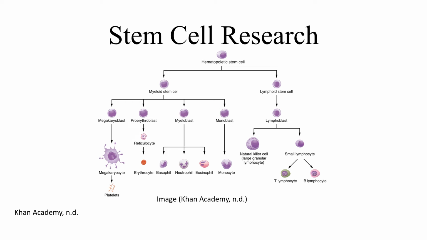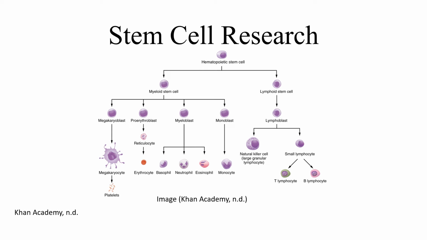And then the myeloid stem cell is going to break down into all of the white blood cells with the exception of the lymphocyte. So it's going to break down into what is called a megakaryoblast, a proerythroblast, a myeloblast, and a monoblast. The megakaryoblast will form a megakaryocyte, which is what forms your platelets, as you can see if you follow the arrow down.